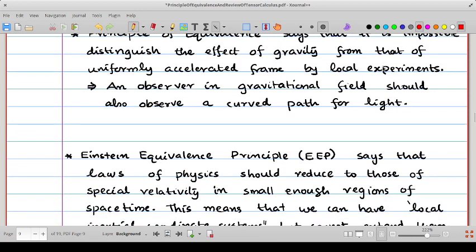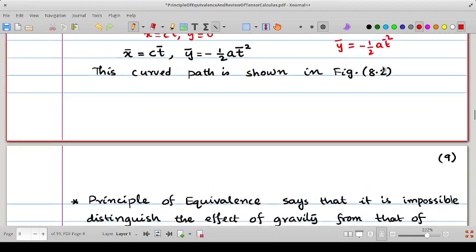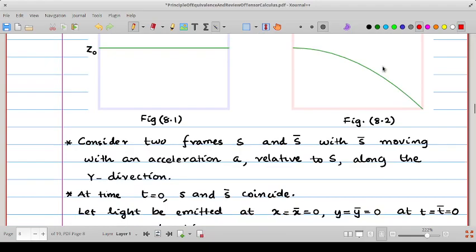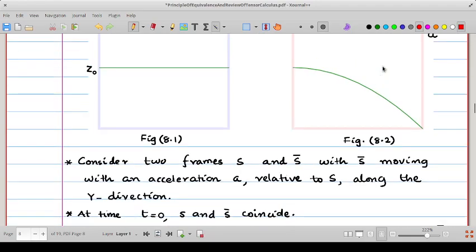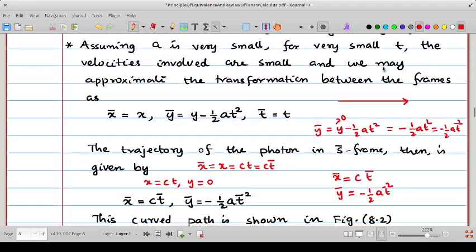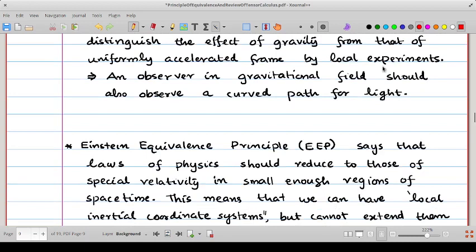So an observer in a gravitational field should experience the same thing as an observer in this accelerated frame of reference. So an observer in a gravitational field should observe the path of light as curved.